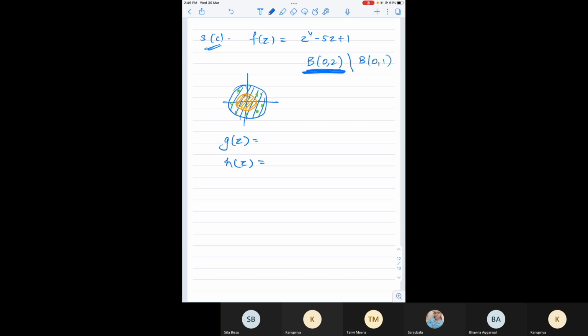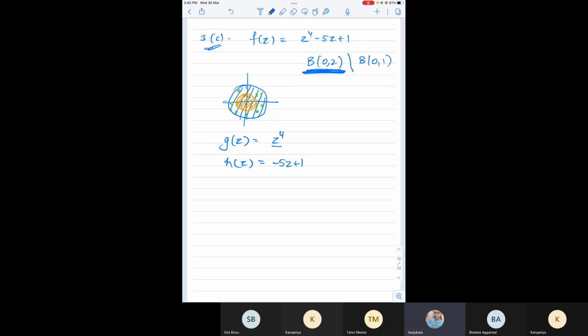Yes, Sanju. Then g(z) equals z raised to power 4 plus 1 and h(z) equals minus 5z. You can also take it like this, because for this you can directly see that it will have 4 roots.